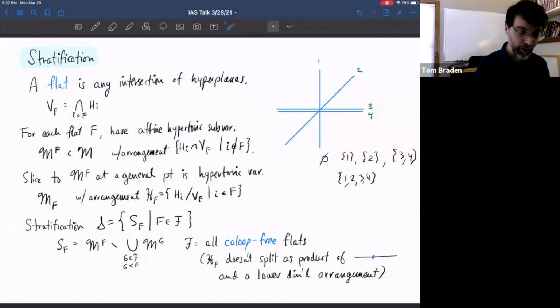So for instance, the flat 1 and the flat 2 are not coloop-free because their transverse is exactly just a point in a line, whereas the flat 3, 4 is coloop-free. So the coloop-free flats in this case are the empty flat, 3, 4, and the whole thing. And so this example would have a stratification with three strata. Okay. Any questions?